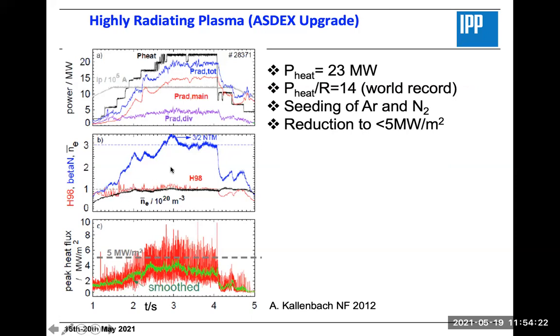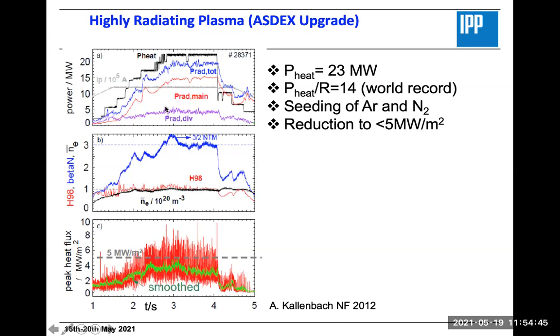Then forget about this blue curve, just look at the red one. This number here, H98, for the mortal plasma physicist, is a measure of how good the plasma is confined. When you have an H98 of 1, this means it's a good confinement.